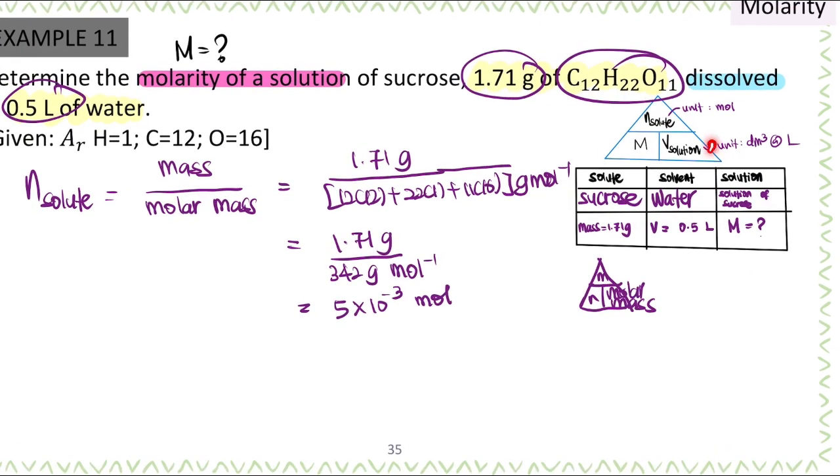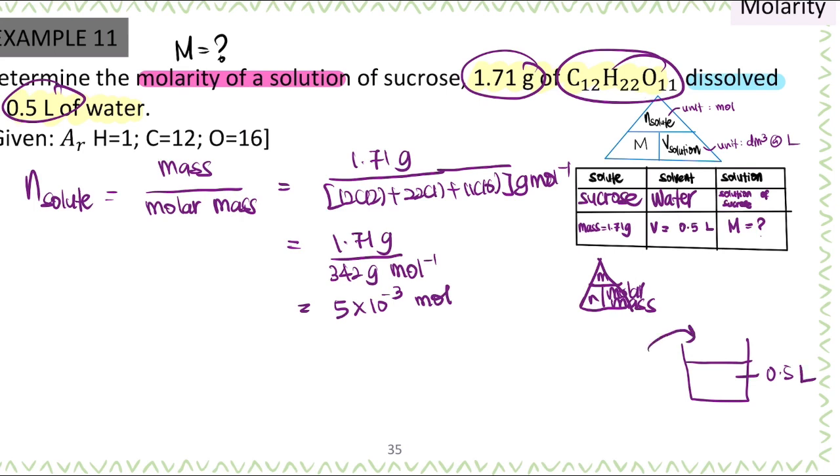Next, we have to determine the volume of the solution. But as you can see, volume of solution is not given from the question. But we know that the volume of the solvent is 0.5 liter. So actually it is like this, okay?